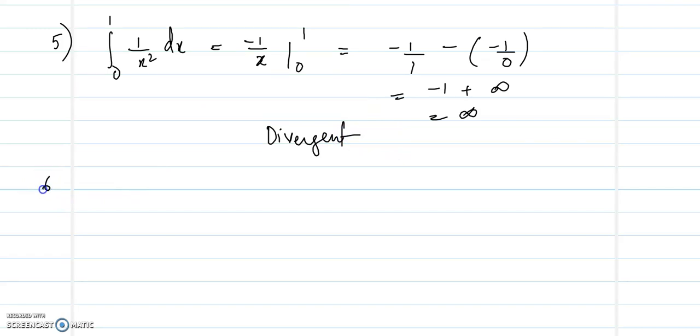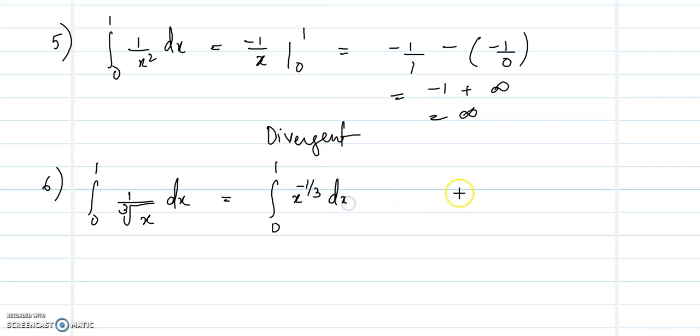And question number 6. We need to evaluate the integral from 0 to 1 of 1 by cube root of x dx. So this will be the integral from 0 to 1 of x raised to minus 1 by 3 dx. So the integral value will be x raised to minus 1 by 3 plus 1, by minus 1 by 3 plus 1, from 0 to 1.